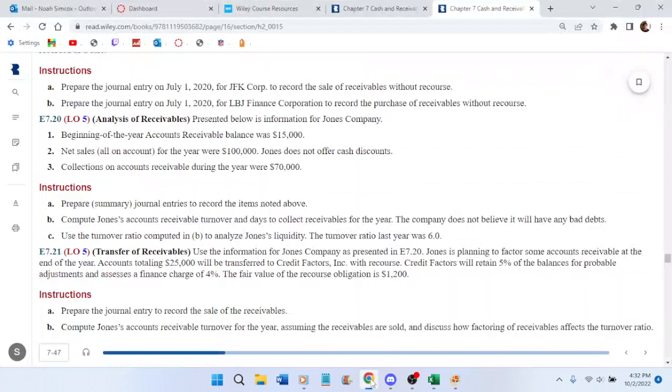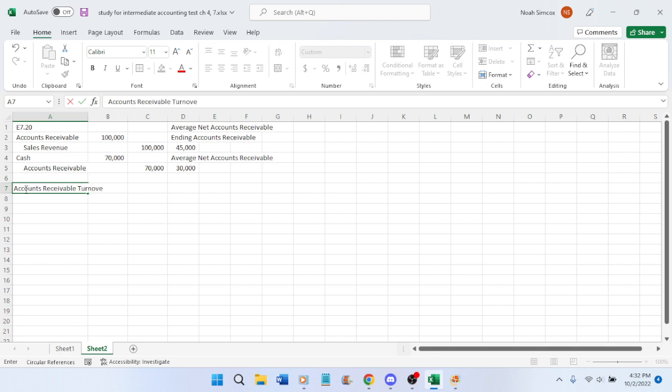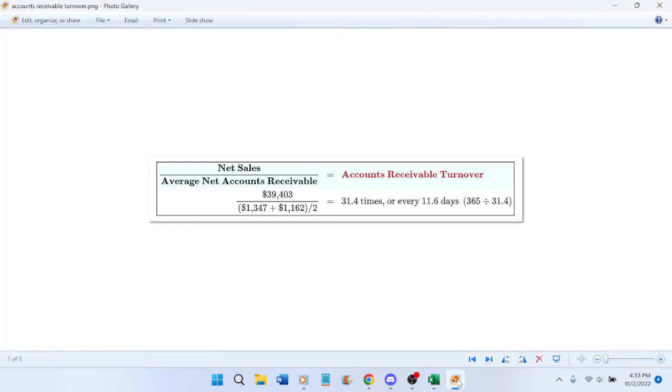Now we are going to figure out what is the accounts receivable turnover. You have net sales divided by average net accounts receivable.